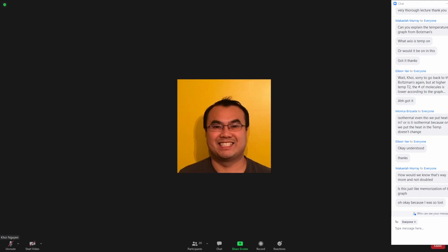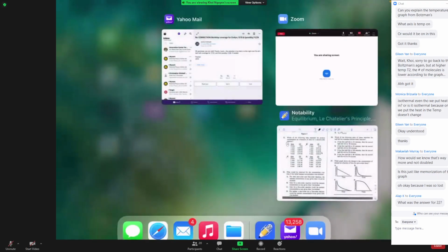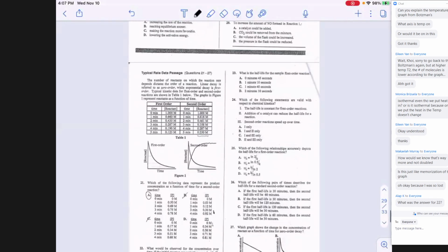Back to question 23. What is the half-life for the sample first order reaction? You know that it goes half when it's half of the initial concentration. Initial concentration was 1 molarity.